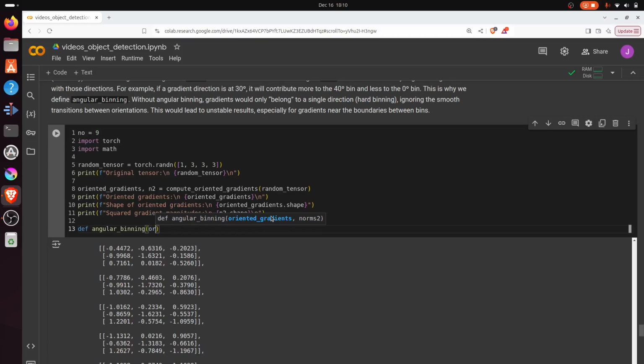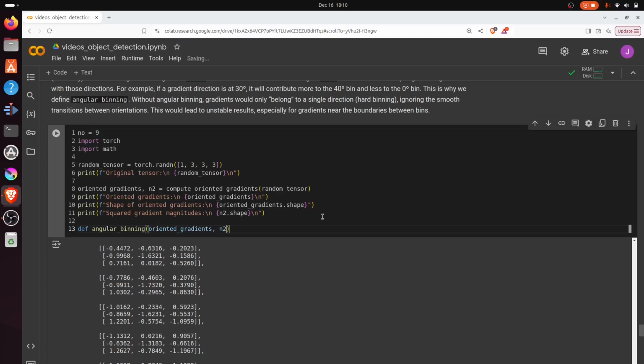Well, of course, oriented gradients are going to be one. And what else? Well, the squared magnitude. So literally, we are taking as an input the outputs of the compute-oriented gradients method. All right, fantastic.